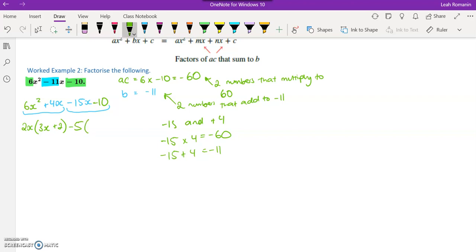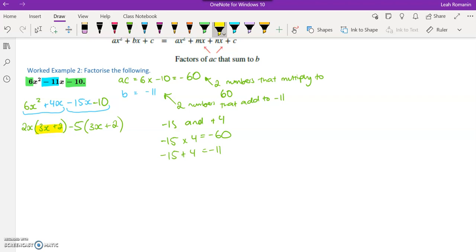Now, the reason you're taking out negative 5 and not just positive 5 is because I want my brackets to be matching. If I didn't take out the negative, I wouldn't be ending up with a positive 2 over here. But that does take a little bit of practice. So negative 15x divided by negative 5 is going to give me positive 3x, and then negative 10 divided by negative 5 is going to give me positive 2.